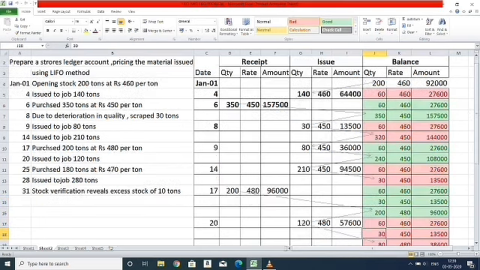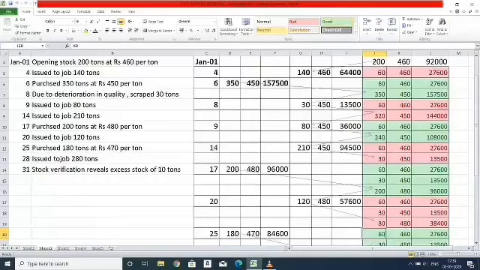Then on January 20, we are issuing 120 tons. We have to issue these 120 tons from our last lot purchase, this 200. Its rate is 480. 120 into 480, 57,600.